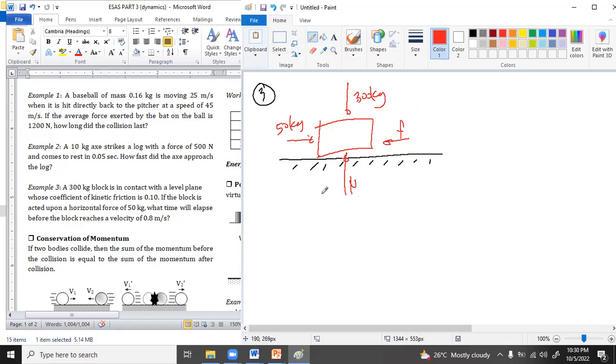So we use the impulse and momentum concept, so that's mv2 equal to positive impulse minus negative impulse. The negative impulse in this problem is the impulse created by the opposing force, which is the frictional force.